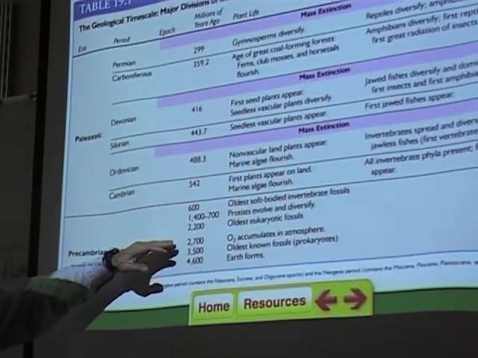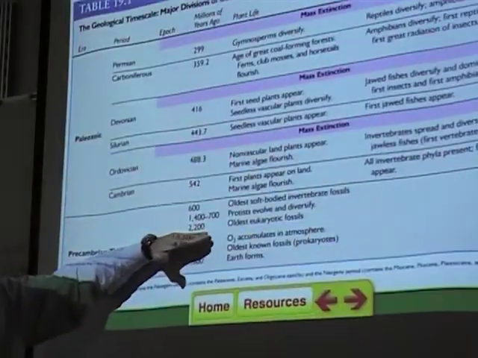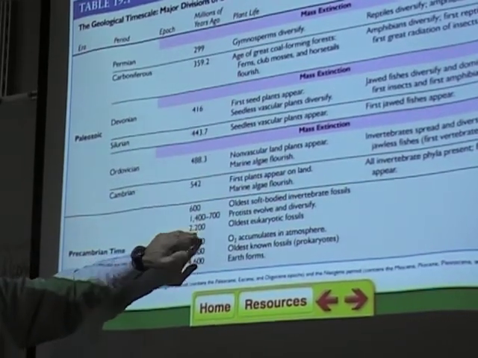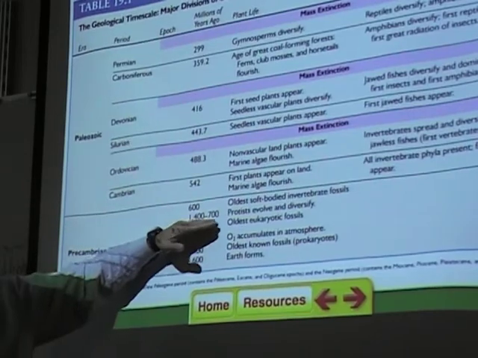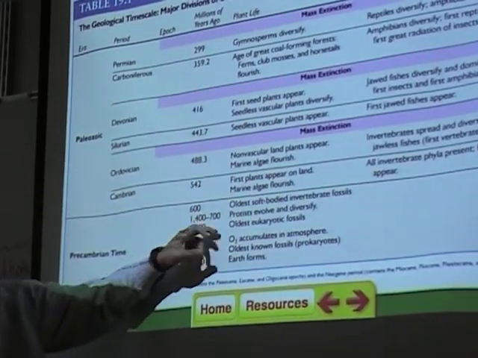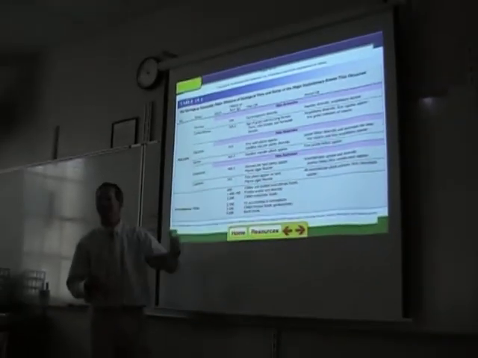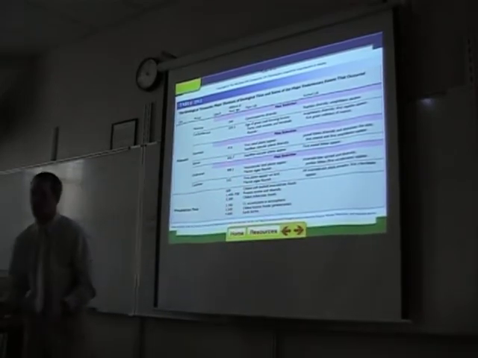The next time period, we finally get eukaryotes, single-celled creatures, about 2.2 billion years ago. Protists, like amoebas, come around about 1.4 billion years ago. All of these creatures are microscopic, living in the oceans.